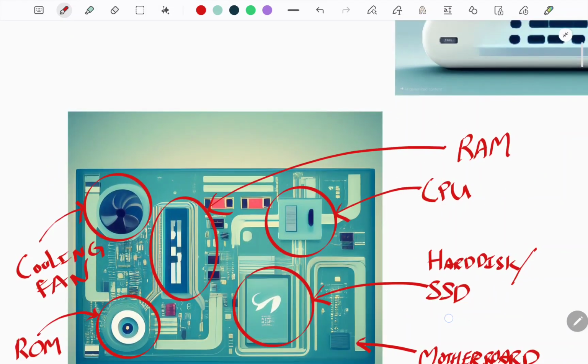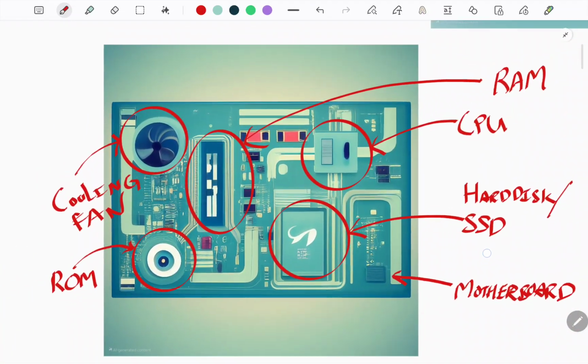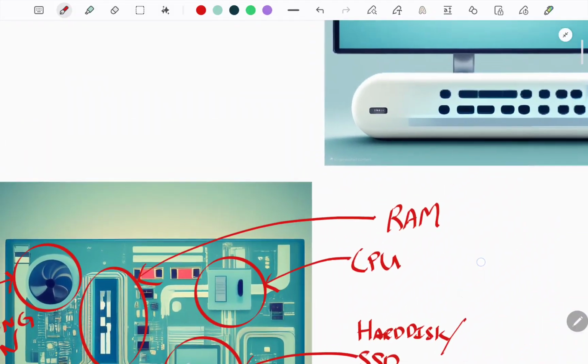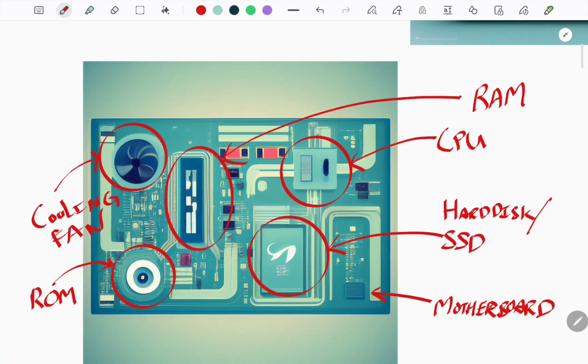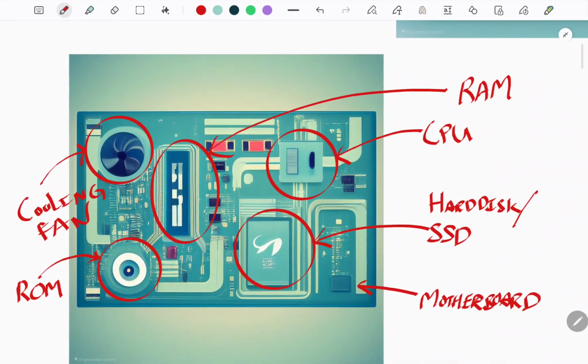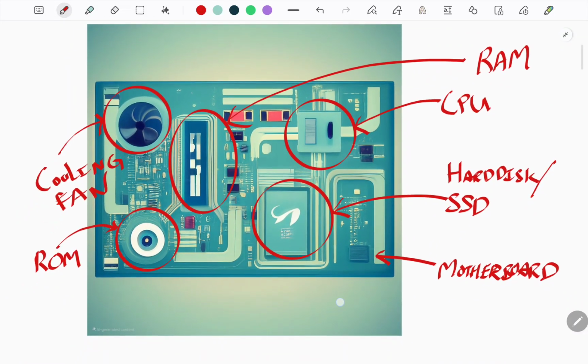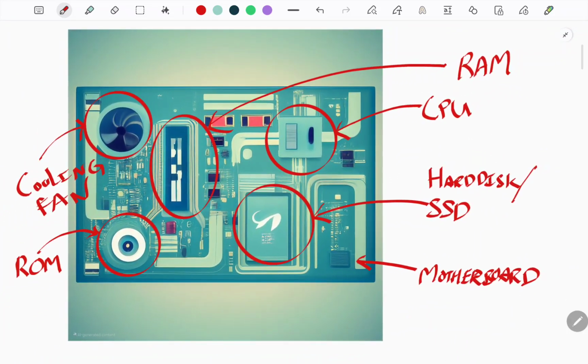So we actually go into detail on the components inside the computer, right? We try to understand a bit on how the computer computes, not in really much detail, but we understand quite a bit on that.